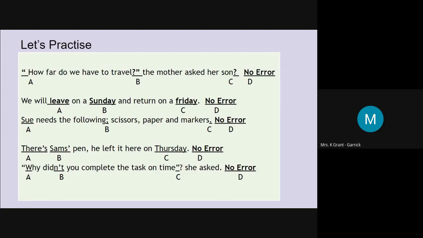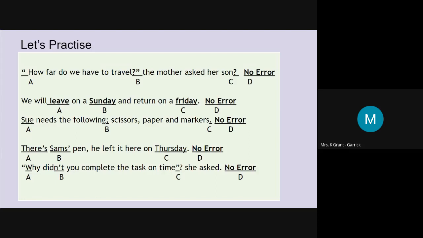All right, so we're going down to the fourth item now. So what you're going to see here is that the focus seems to be on the apostrophe in A and B, and on the capitalization in C. So which is wrong in its use?